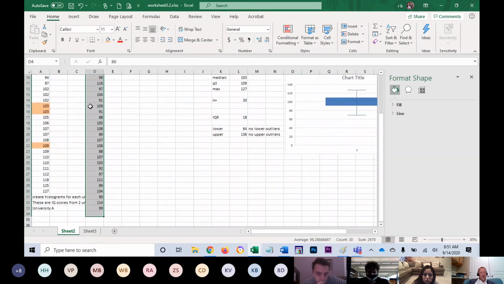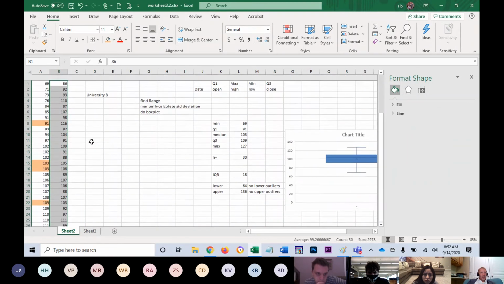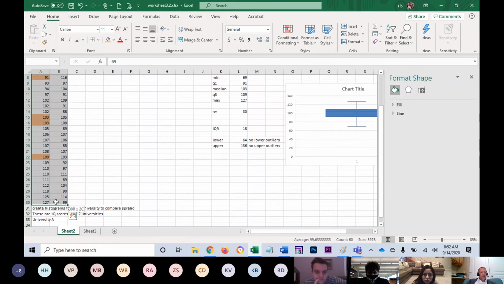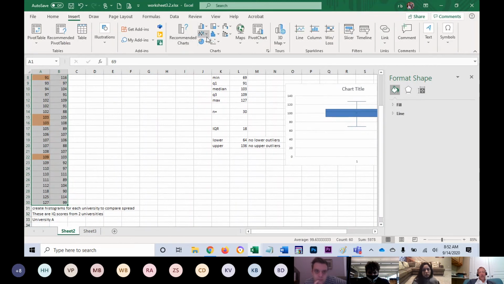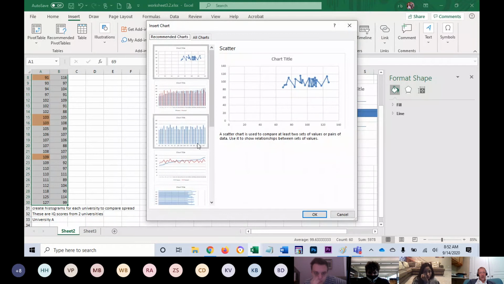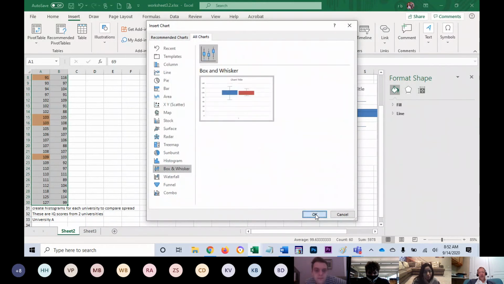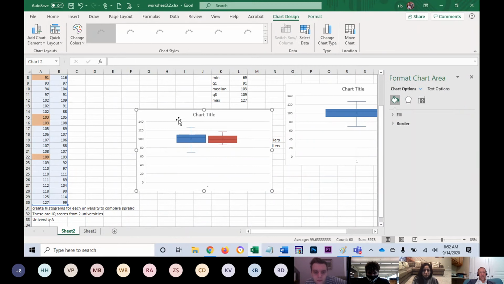Actually, let me show you this really quickly. If I were to move these next to each other, you could actually, and Excel doesn't care if they're sorted, insert Box and Whisker, all charts, Box and Whisker. They didn't used to have this, by the way.